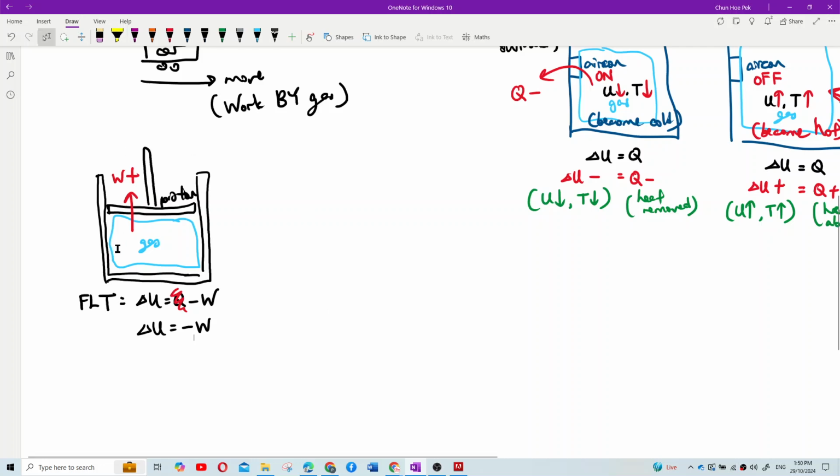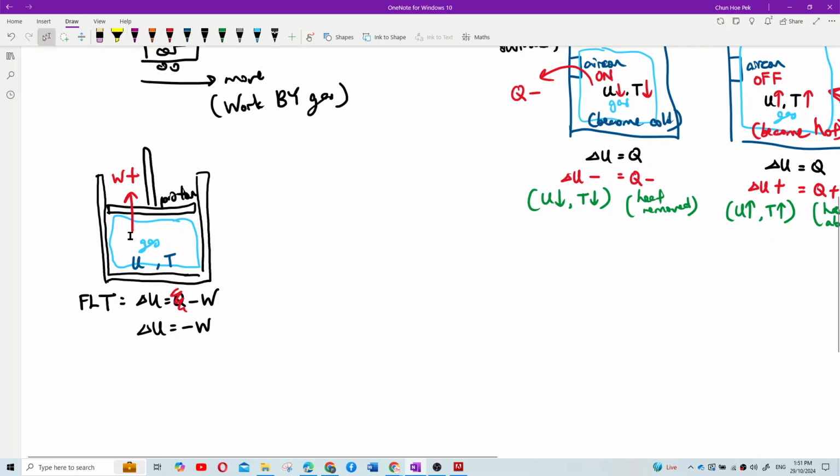So look again. What happened if gas do work? Gas do work by pushing up the piston, expansion, volume increase. It push up the piston. So inside the gas, we have internal energy, right? And the other temperature tertentu, right?